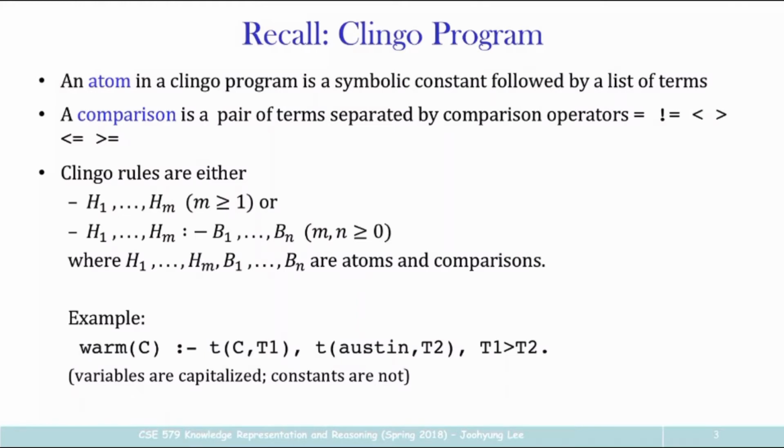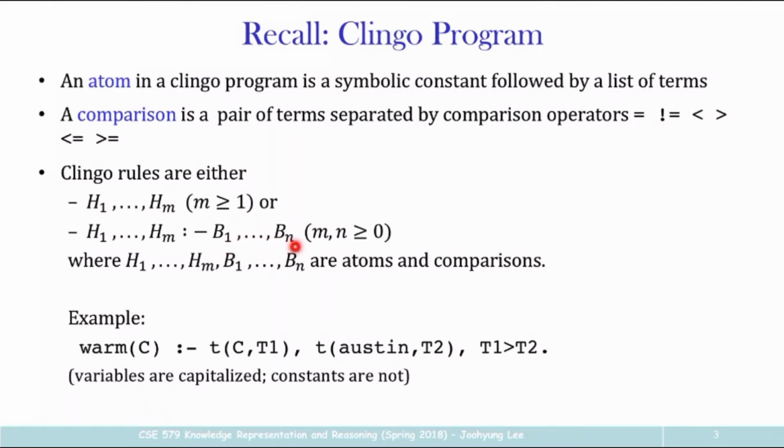Now note here that there are no other connectives than the conjunction. The second rule here is saying that this is also a comma separated list of head atoms and a comma separated list of the atoms and comparisons in the body.